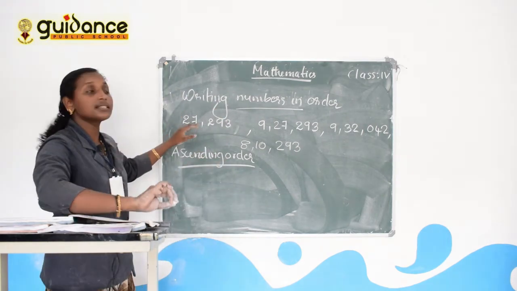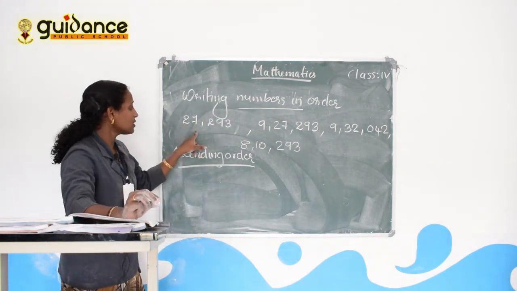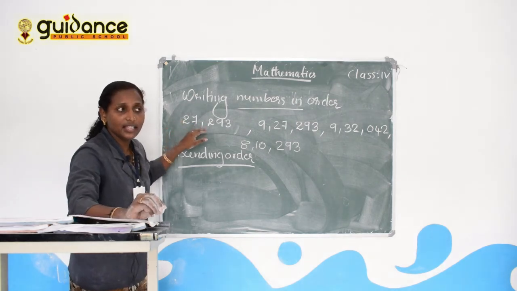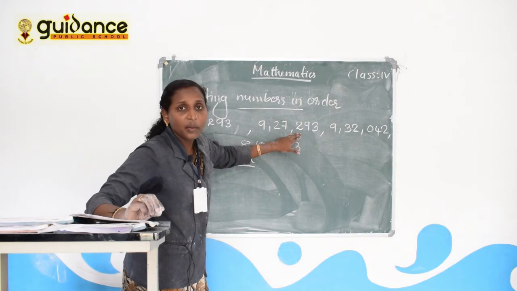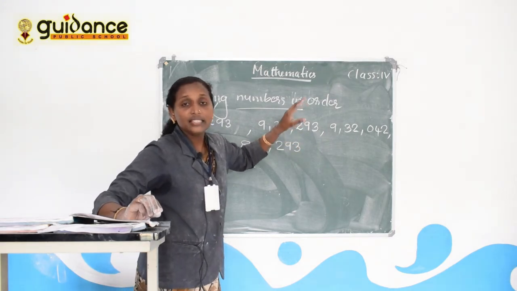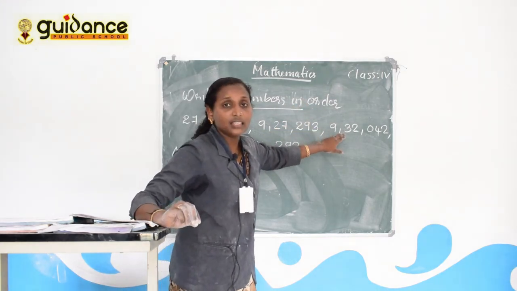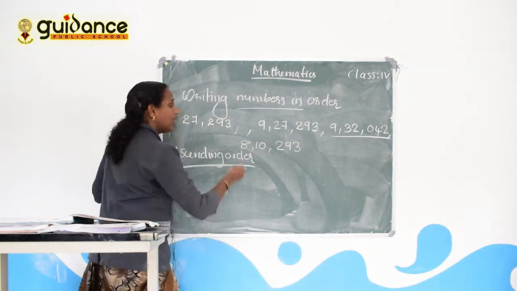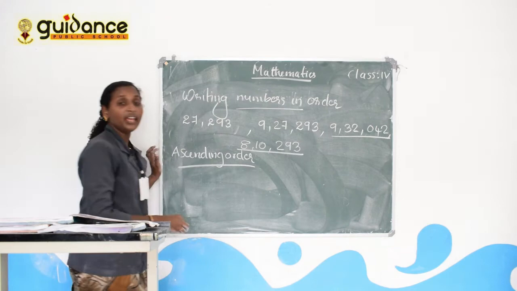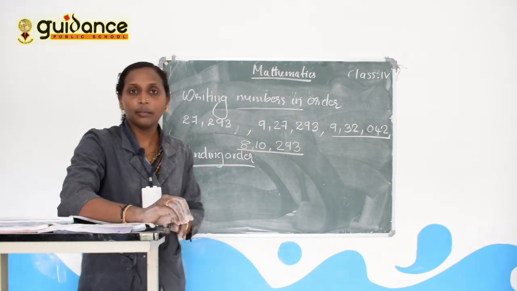So if we look at this question, first number, how many digits does it have? It is a 5-digit number. The second number is a 6-digit number. The third one is a 6-digit number. And the fourth one is also a 6-digit number.